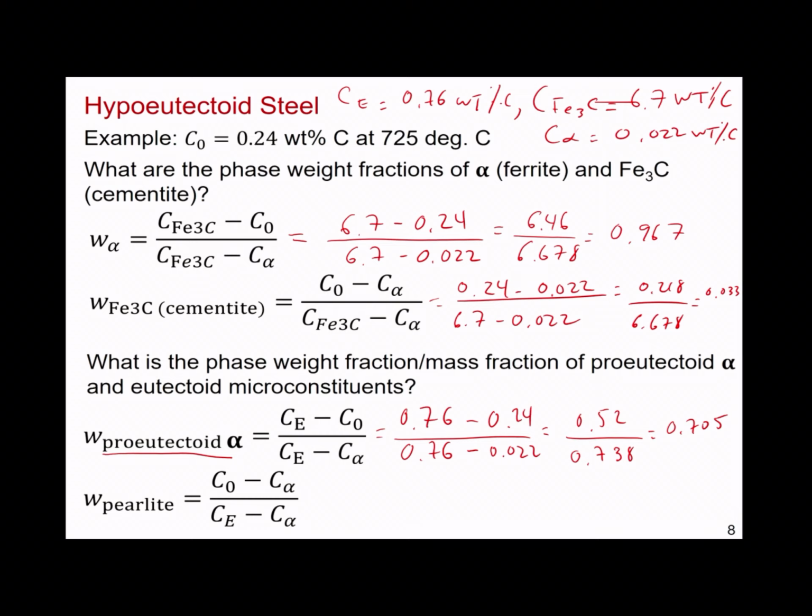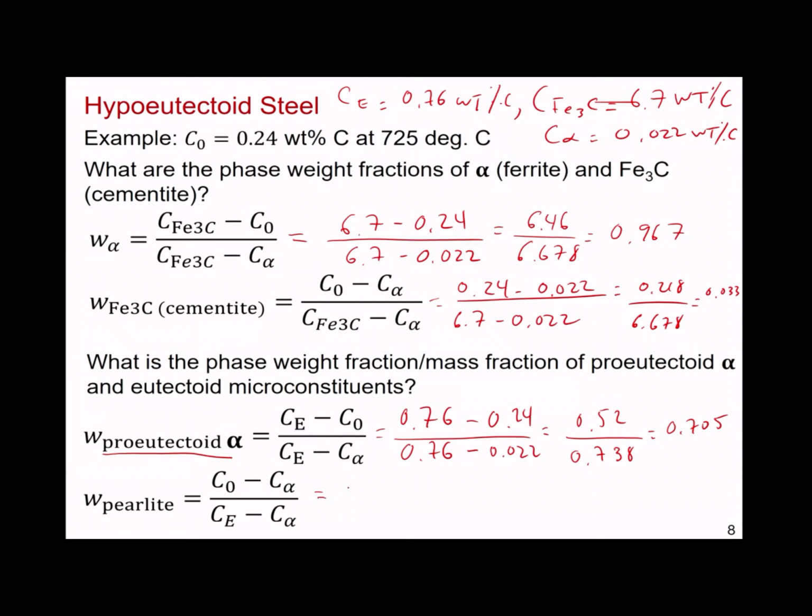So clearly, this is a historic term. This is not to be confused with perlite that you use in your gardening materials. That's obviously a ceramic and very different from this microstructure, okay? So perlite here is in reference to the microconstituent that you see in the microstructure. It's just a historic term.